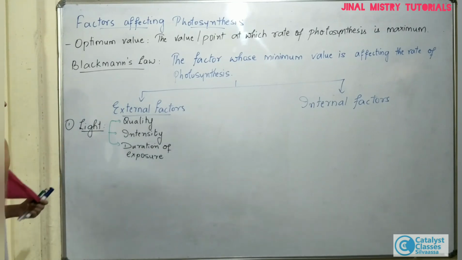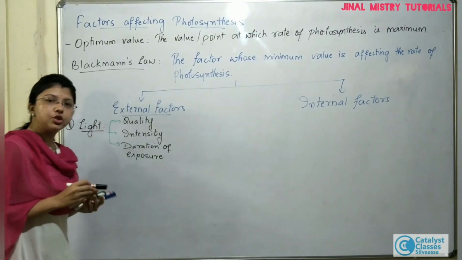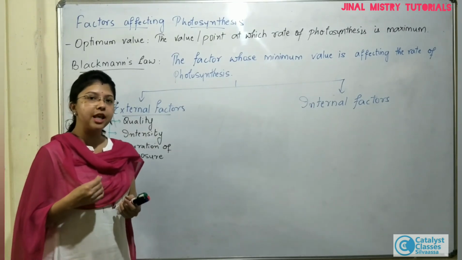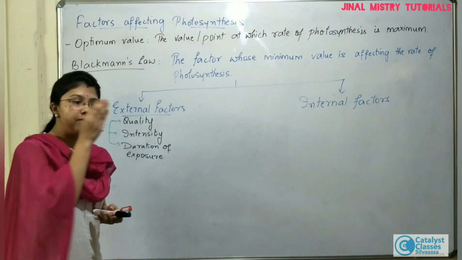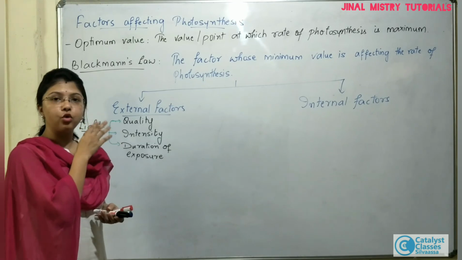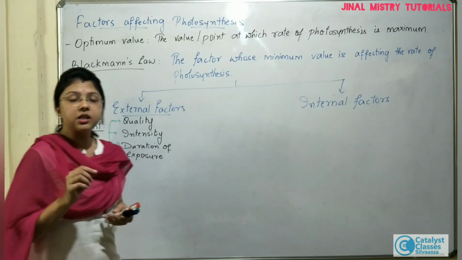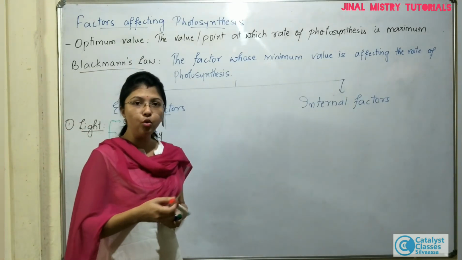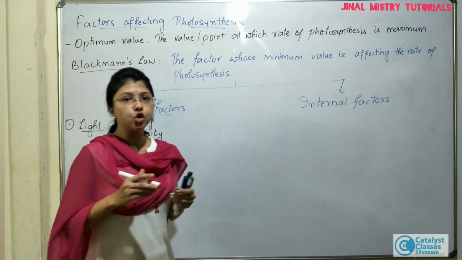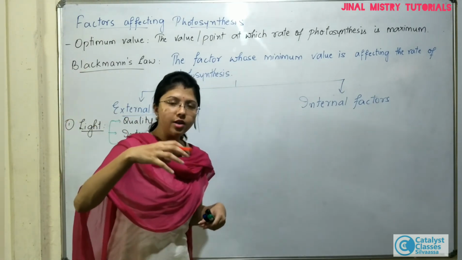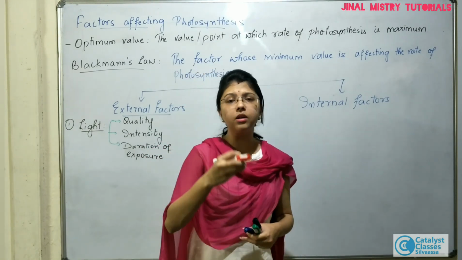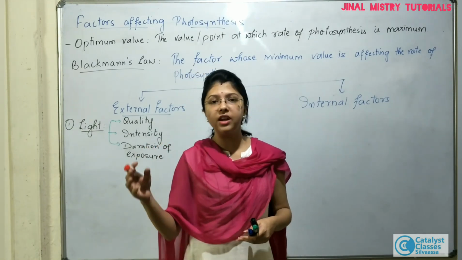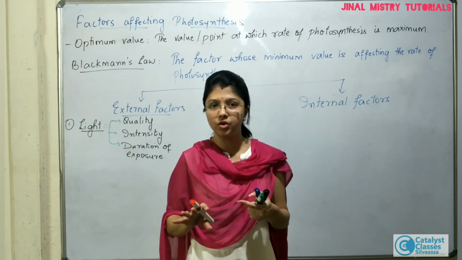Talking about the quality, we know that photosynthesis is possible because of pigments like chlorophyll A, B and carotenoids. When we were studying photosystems and photopigments earlier, we discussed that these pigments basically absorb the blue and red wavelengths of light. So in the light that is falling on the leaves, if there is only red light available and no blue or green light, there will be no photosynthesis taking place.